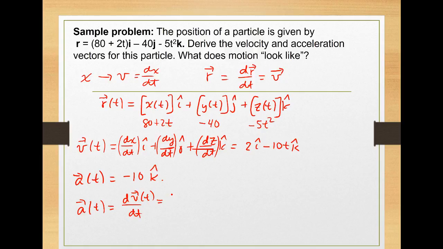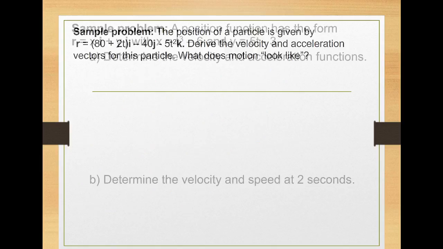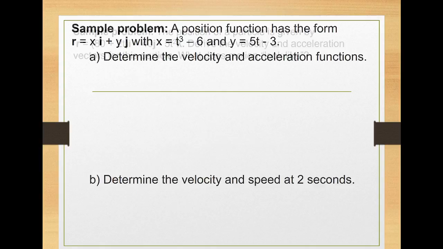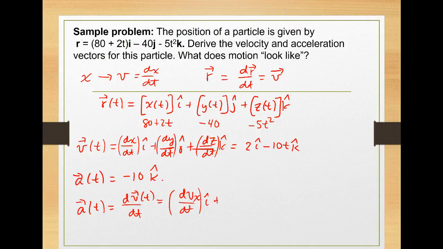So that means that we're going to have 3 components: dvx/dt i hat, whoops, too far, dvy/dt j hat, and dvz/dt k hat.